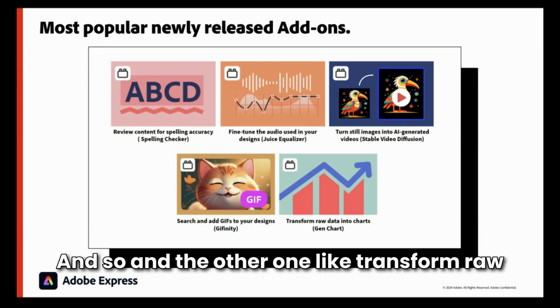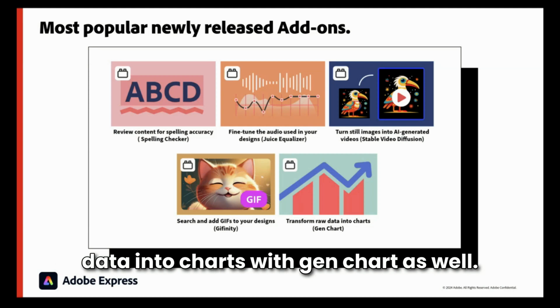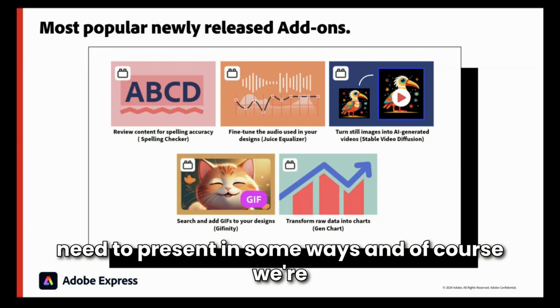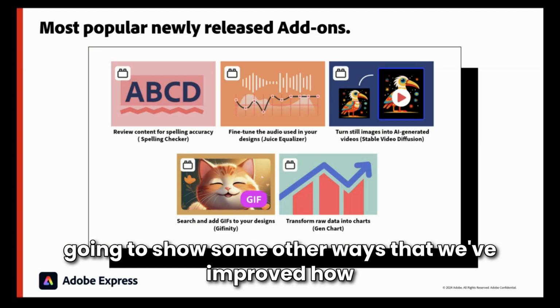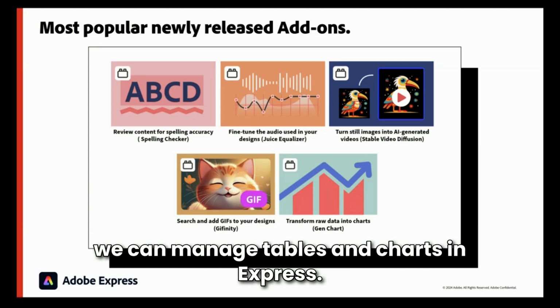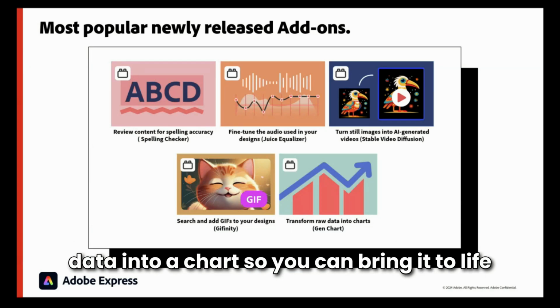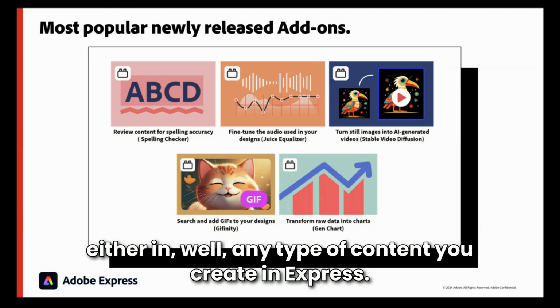And the other one, transform raw data into charts with Gen Chart as well. So, we've all got data that we need to present in some ways. And of course, we're going to show some other ways that we've improved how we can manage tables and charts in Express. But actually, sometimes you just want to make data into a chart so you can bring it to life in any type of content you create in Express.